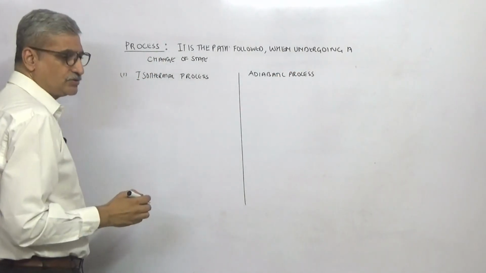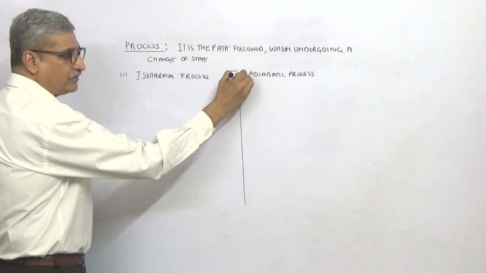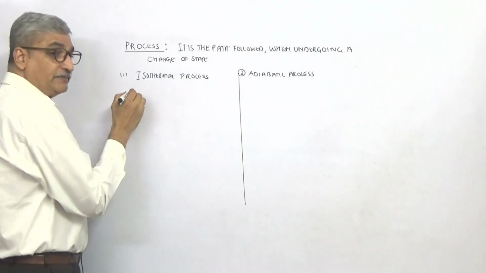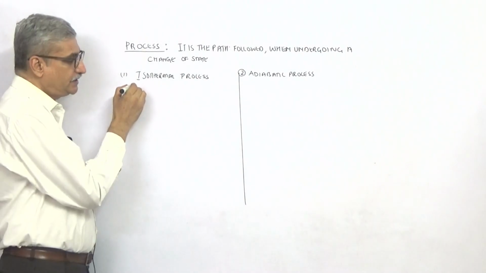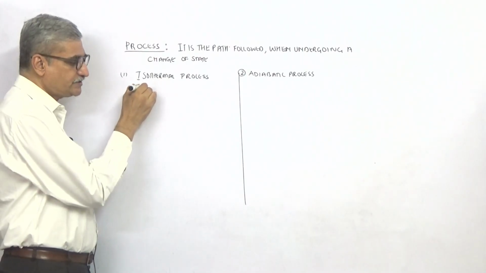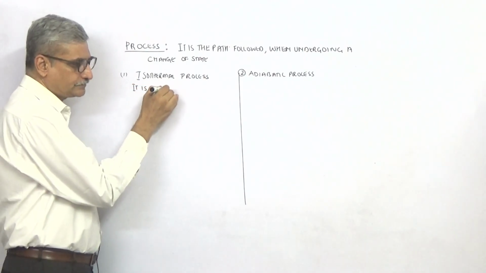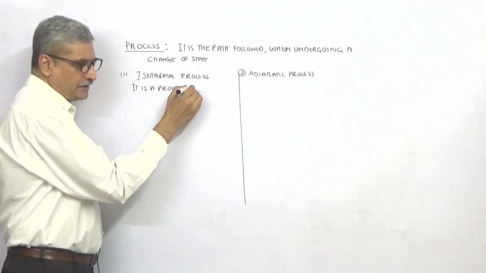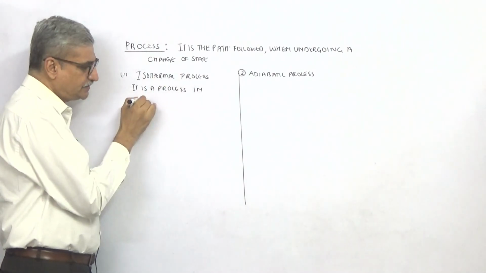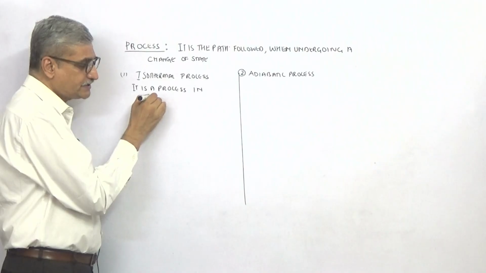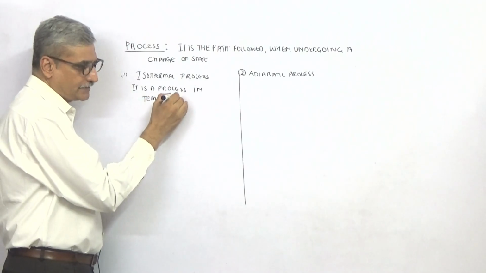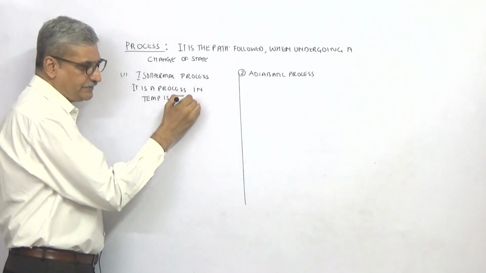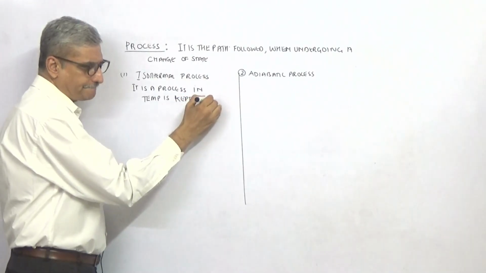So what is the isothermal process? Isothermal process is a process in which temperature is kept constant.